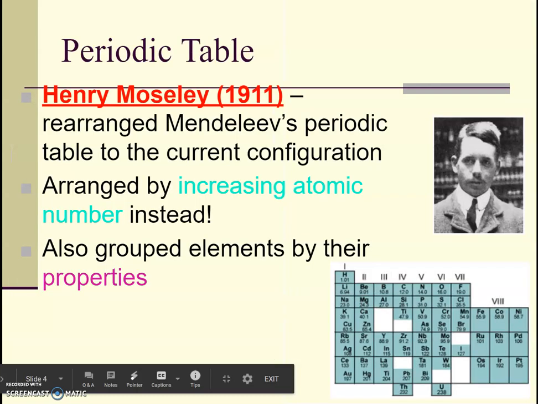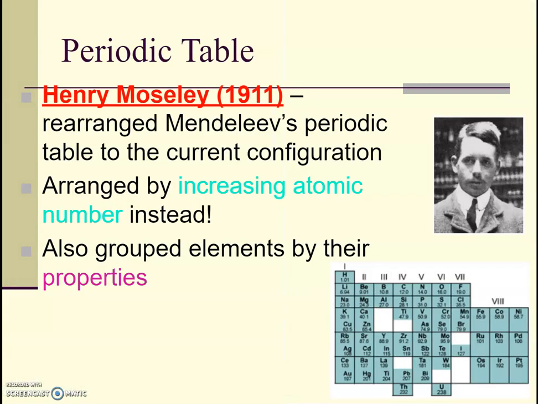Okay, Henry Moseley, which was a British scientist, he ended up taking all of that awesome work from Mendeleev and improved upon it. Instead of arranging things by atomic mass, he put them by atomic number because the protons were discovered at this point.